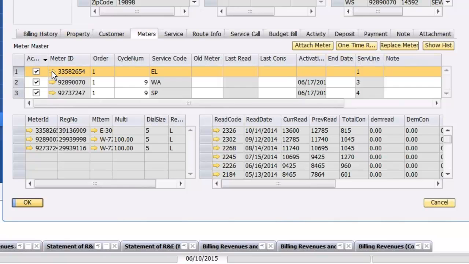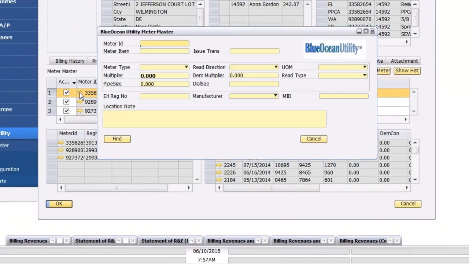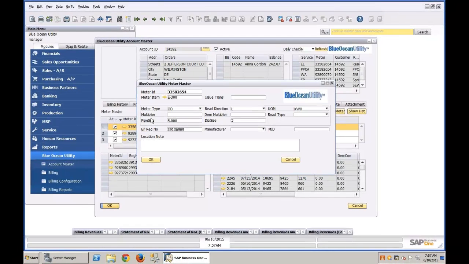If we drill on the meter ID, we'll see a screen that gives us important information about the meter itself. For instance, it's a one dial meter. The read direction is left to right. The dial size is 5 digits.